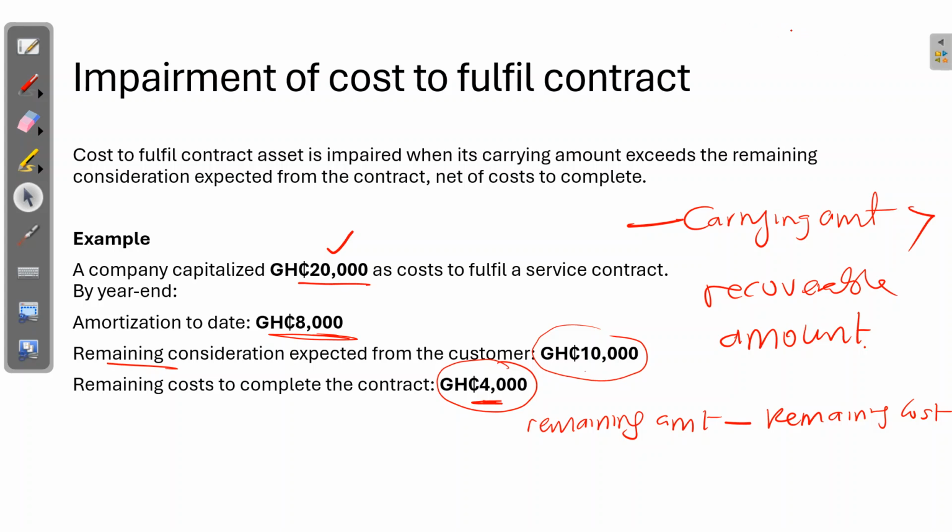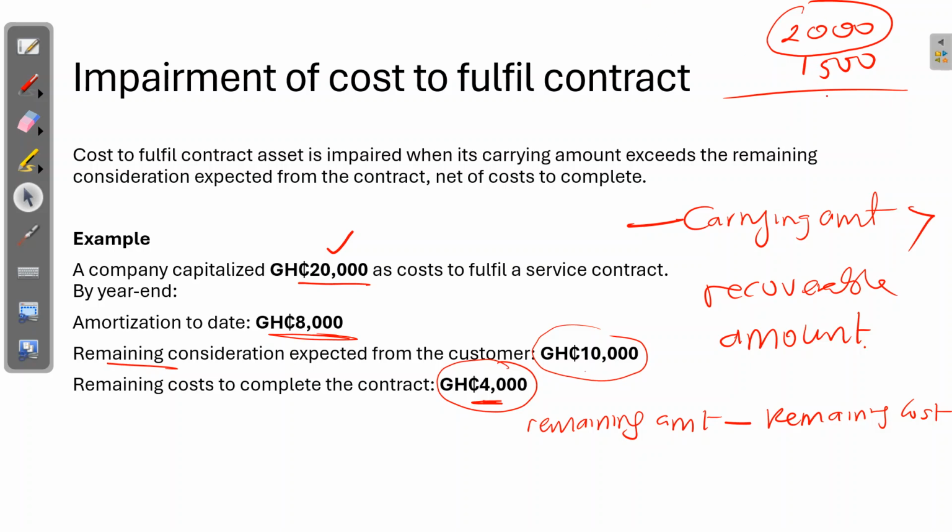The customer is left to pay you 2,000 cedis. That's what is left for the customer to pay. But you also have some costs to incur on the project, maybe 1,500. So which means that if the customer gives you the 2,000, you will take 1,500 out of it and use it for the work.